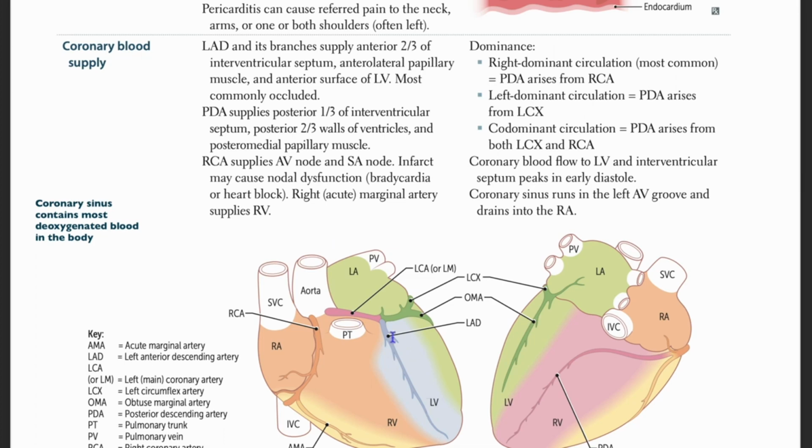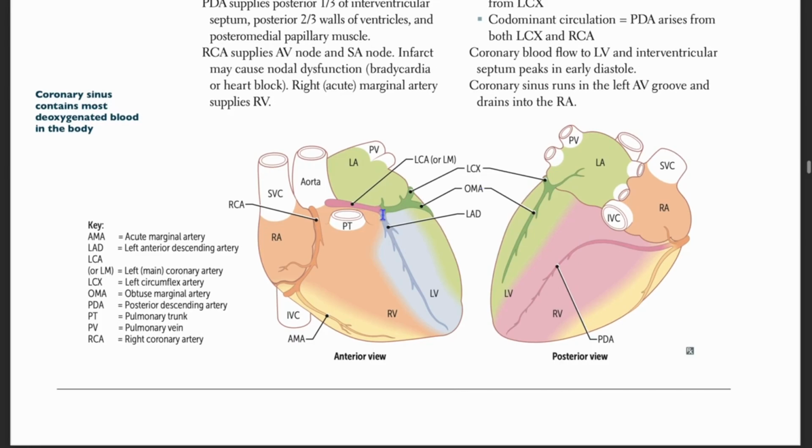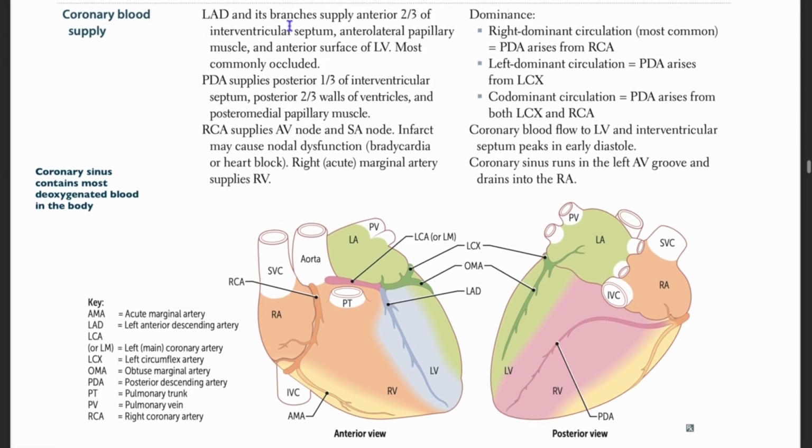So this would be on the anterior side. If you hold your arm out in the anatomical position for the heart and follow it with your finger, this is the left anterior descending artery.